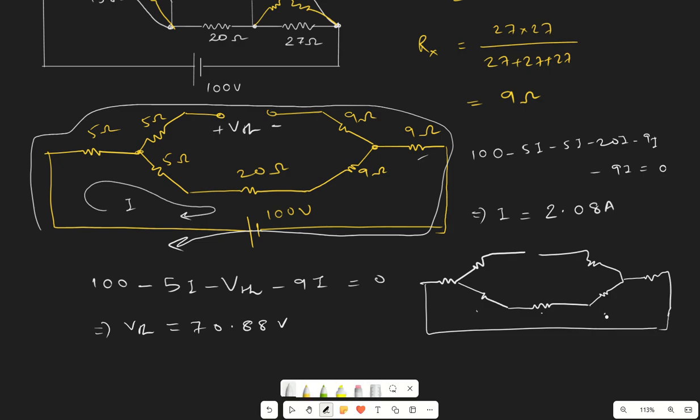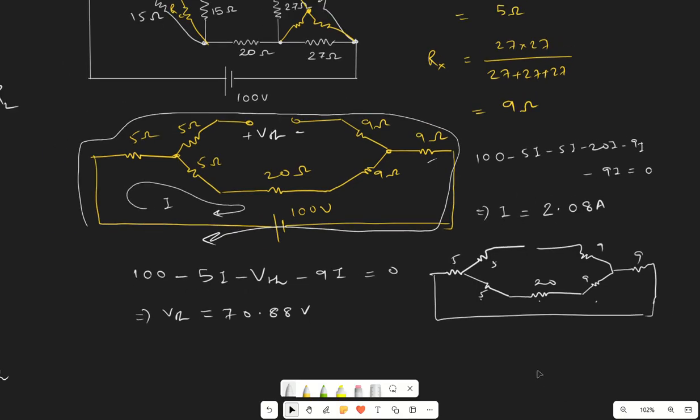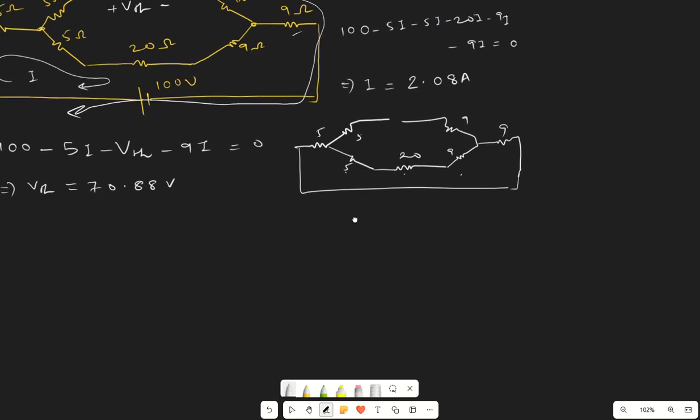We have these three resistances in series, right? So let me write down the values. This is 5, this is 5, this is 5, this is 20, this is 9, 9 and 9. Now if we see it properly, we can minimize it like this.